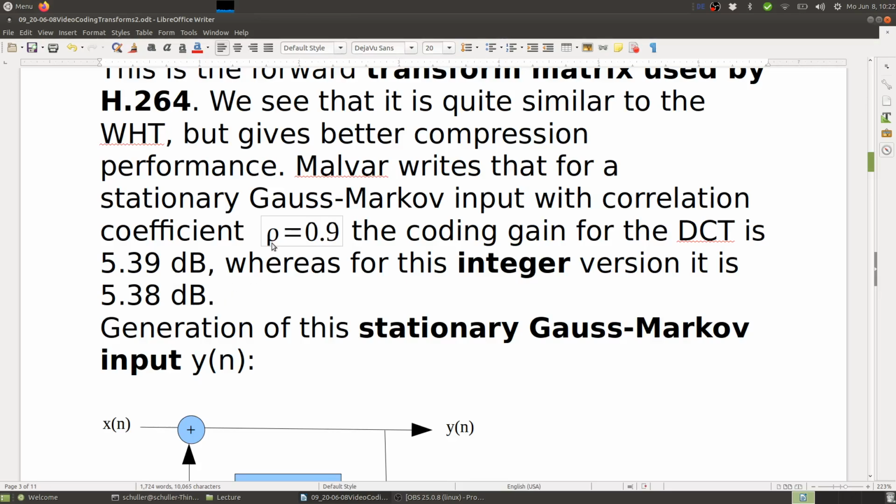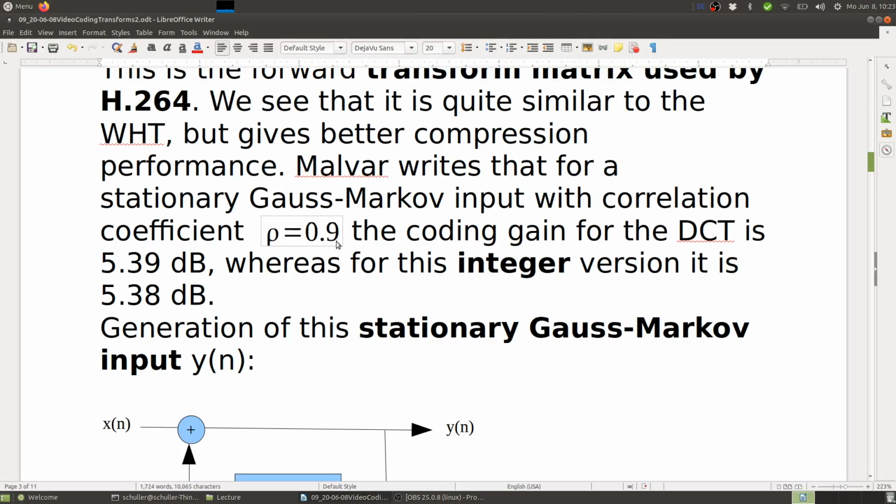This is actually a good way to calculate the coding performance in a theoretical manner. You just assume that you have some artificial input which has some similarity to natural images, this stationary Gauss-Markov process with correlation coefficient ρ equals 0.9.